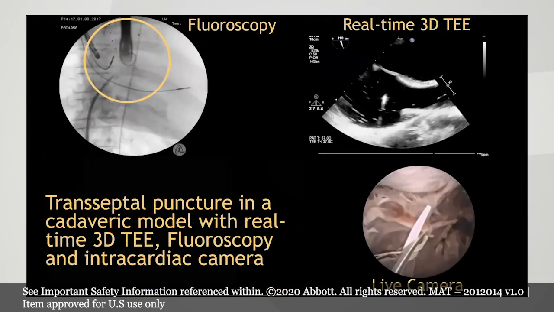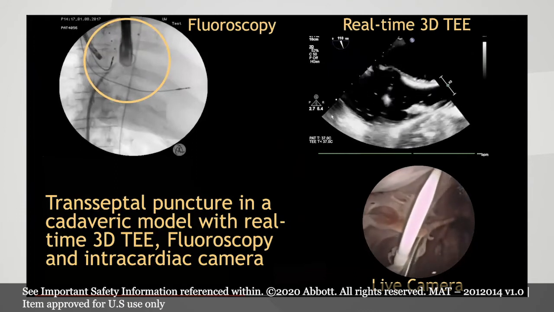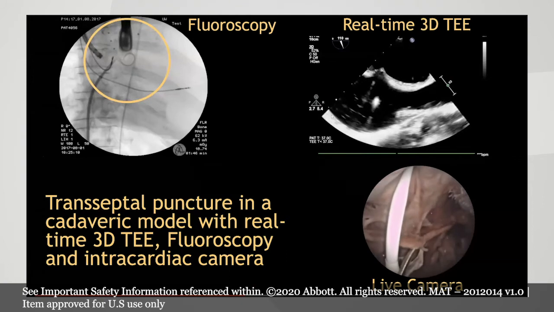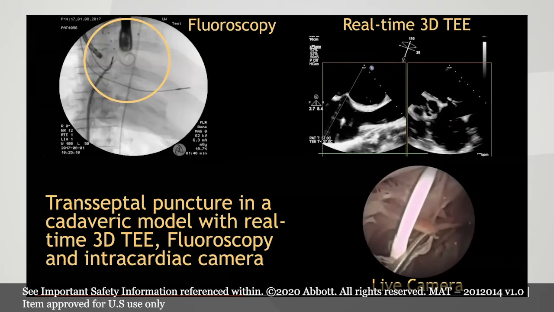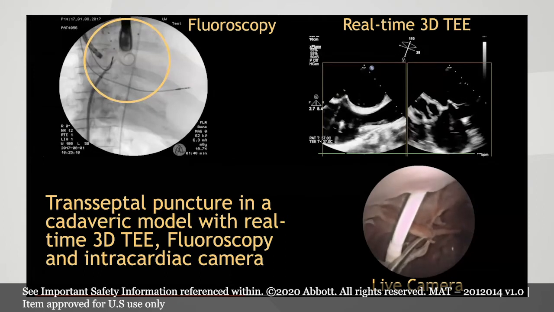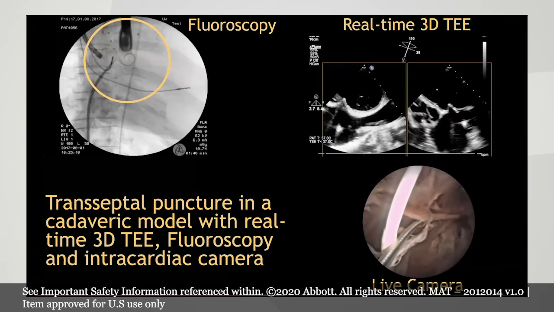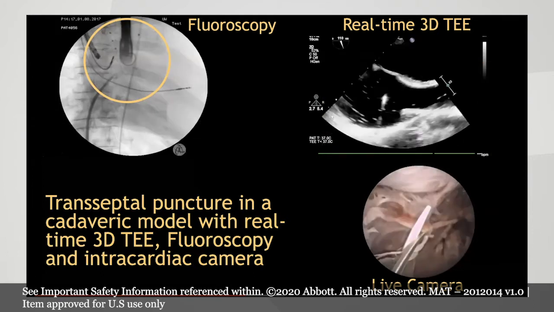This next set of images is from our Center for Cardiovascular Innovation, where at times we have the great opportunity to put together fluoro images, 2D and 3D images with TEE, as well as a camera that resides inside of a cadaveric model.